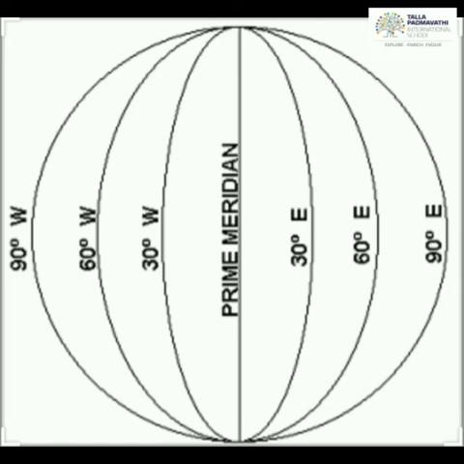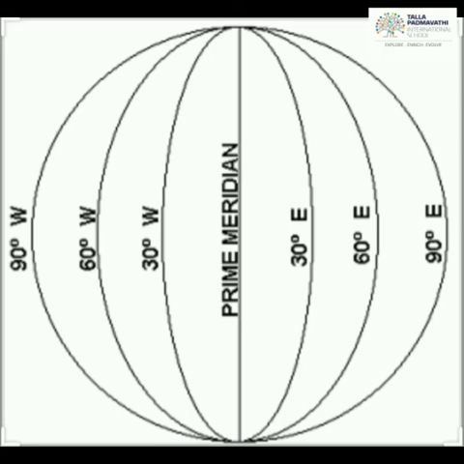With the prime meridian at 0 degrees, on the eastern side they are numbered 30 degrees east, 60 degrees east, 90 degrees east, and so on, 120 degrees, 150 degrees, or 180 degrees.